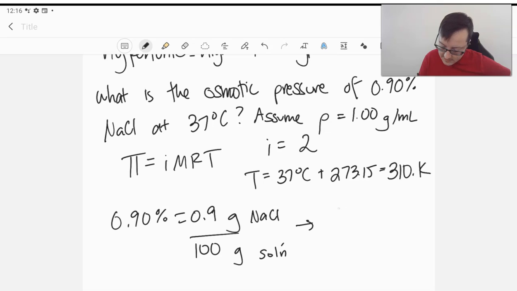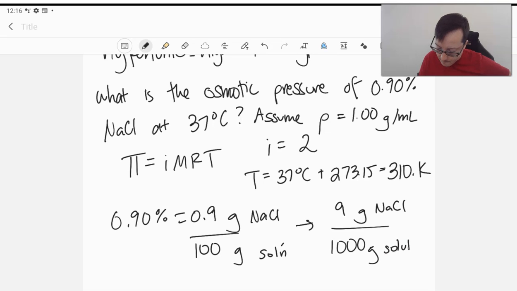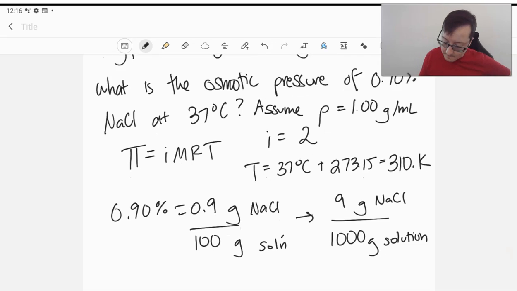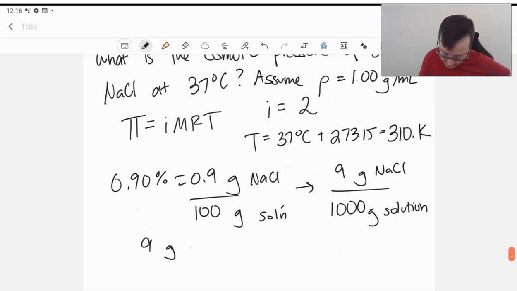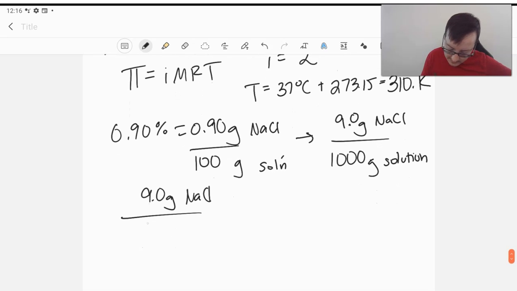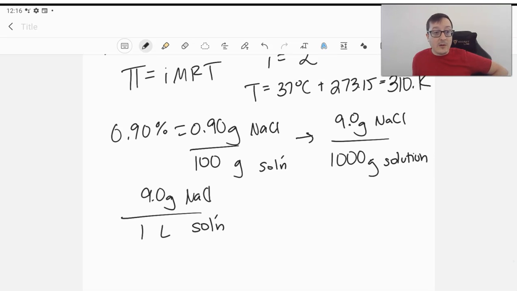The proportion is the same for 9 grams over 1,000 grams of solution. If we're assuming a density of 1, that means it's 9 grams, or 9.0, we should be good with our sig figs, per liter of solution. And now it's simply a matter of getting from that 9 grams to moles, and then we'll have our molarity.